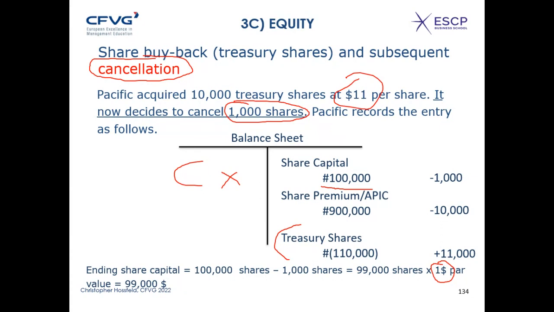So before, in the Air France example, we had a capital reduction and a reduction of equity by reducing the par value only. And I said that's purely cosmetic and has no economic consequences. Here we are in a different situation, because here we literally delete 1,000 shares.